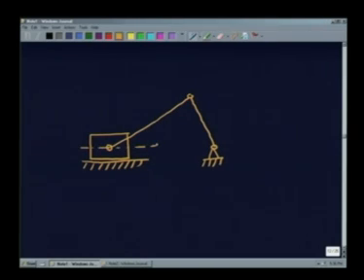Now, here I say that this is a pure rotating body about its fixed hinge, and let its moment of inertia about this fixed hinge be I. Let us consider this is a pure reciprocating or rectilinear motion body. So, I have to give only the mass of this.